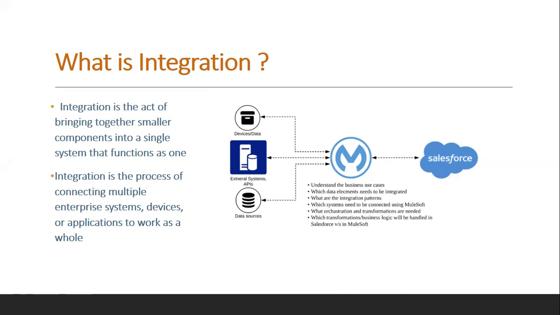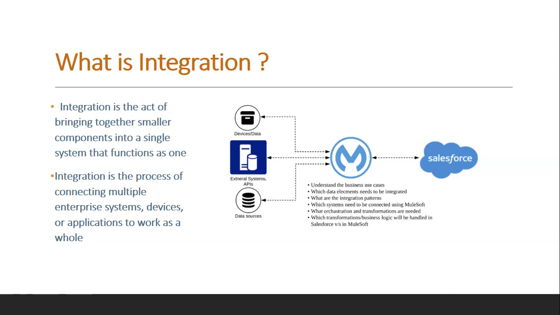Let me summarize this part. Integration helps us to integrate different heterogeneous systems. Here you can see we have a data source, Salesforce, and device data. We have three to four heterogeneous systems, and MuleSoft comes in between and plays an important role.